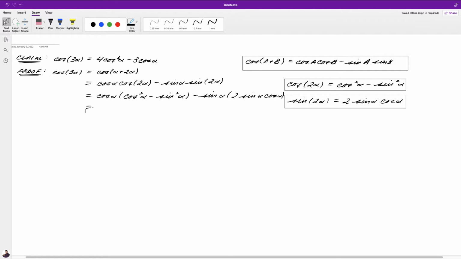Looks good. Let's go ahead and expand. So we're going to have cosine cubed alpha, minus sine squared alpha cosine alpha, minus 2 sine squared alpha cosine alpha.